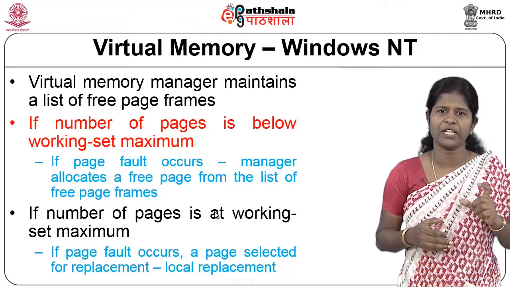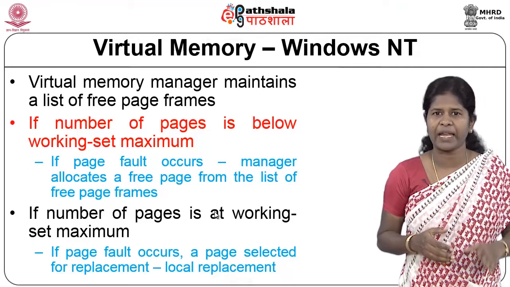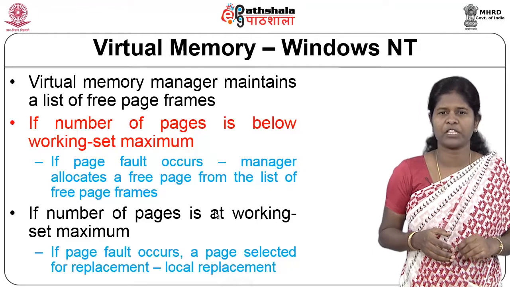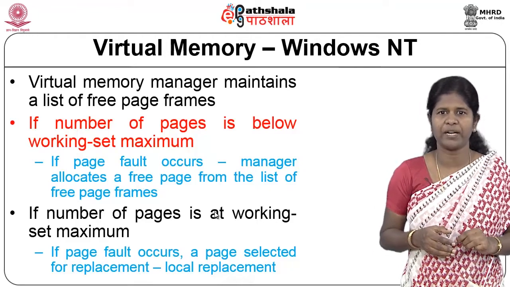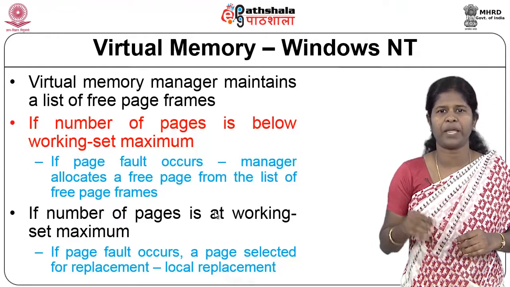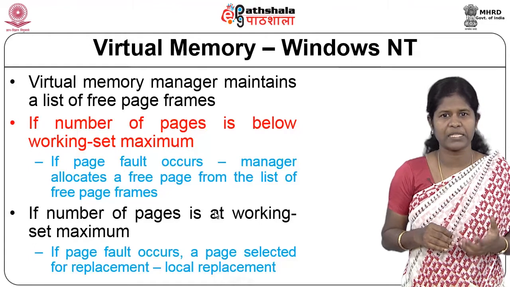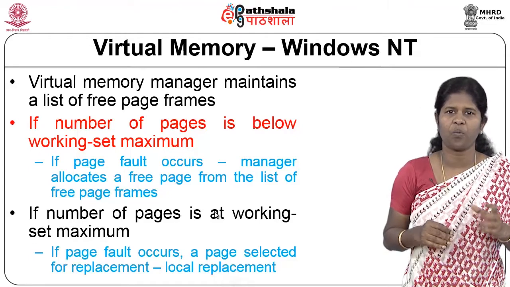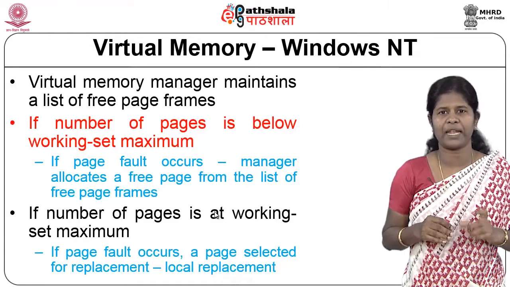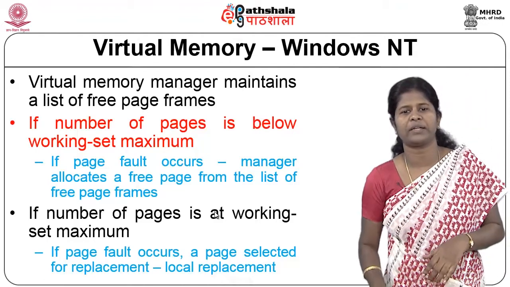One of the 20 pages that are currently in physical memory for this process is selected as the victim page, that is moved out, and the required page is brought into the physical memory. That is, local replacement is done. One of the pages allocated to the process is moved out and the required page is brought inside.